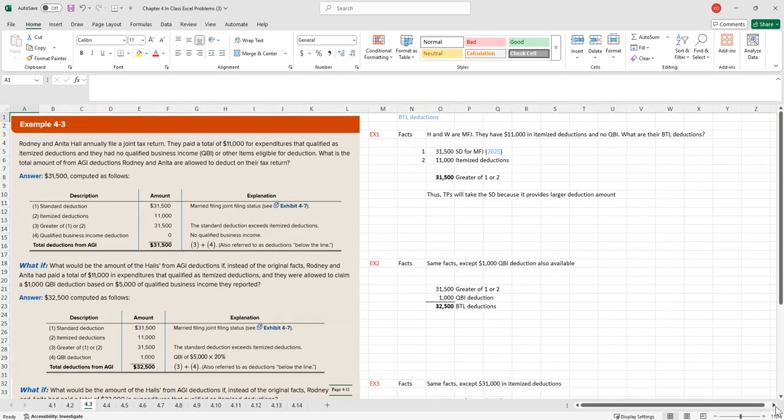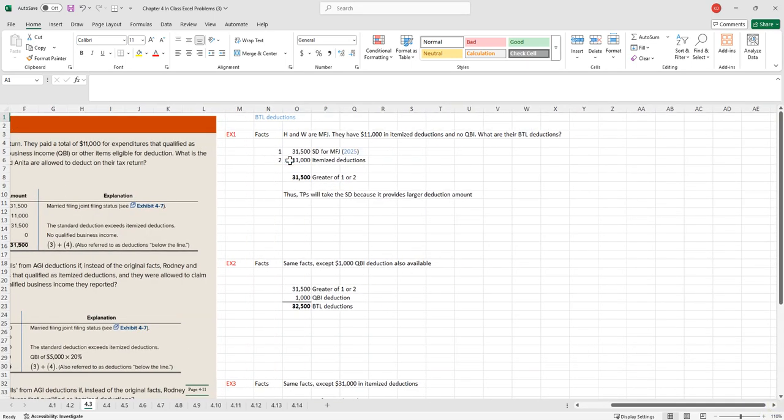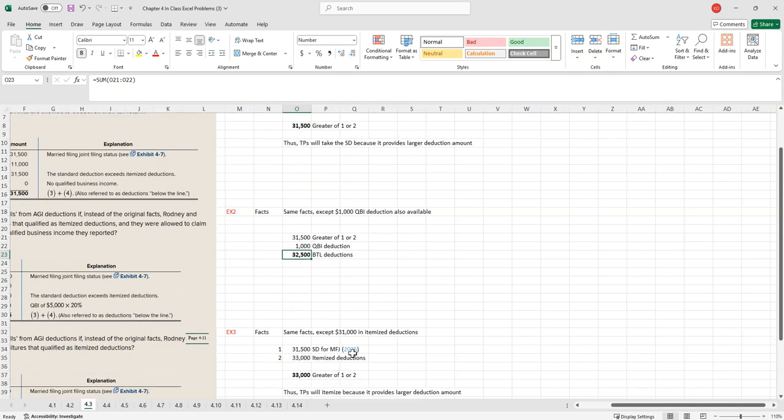Once we have that AGI, we need to compare, as the first item, the bigger of that fork in the road, the standard deduction or our itemized deductions. Here's a situation where the standard deduction would be bigger. Here's a situation like down there where itemized would be bigger.